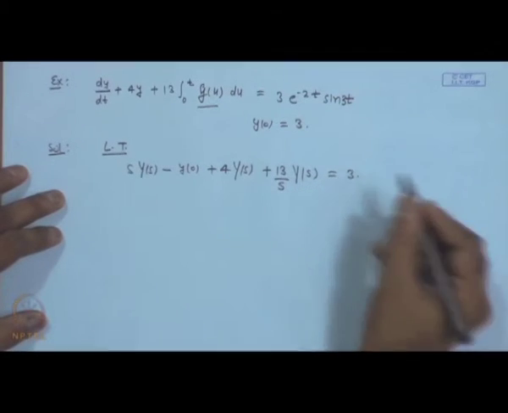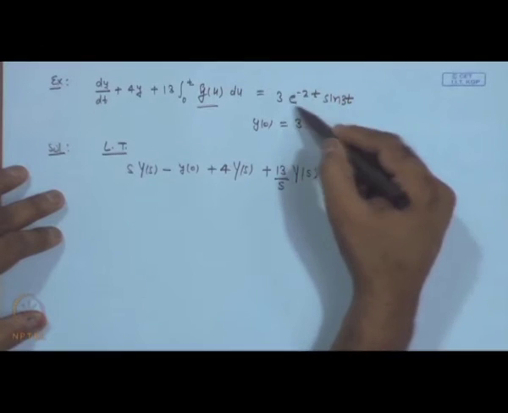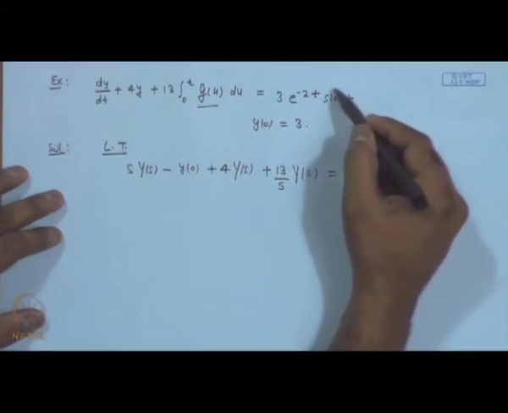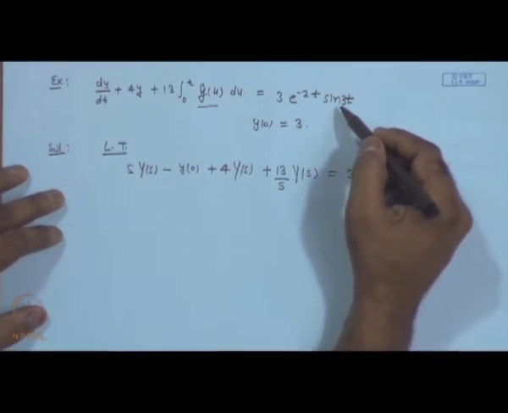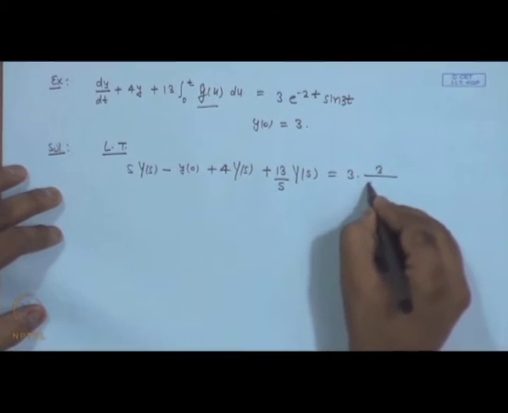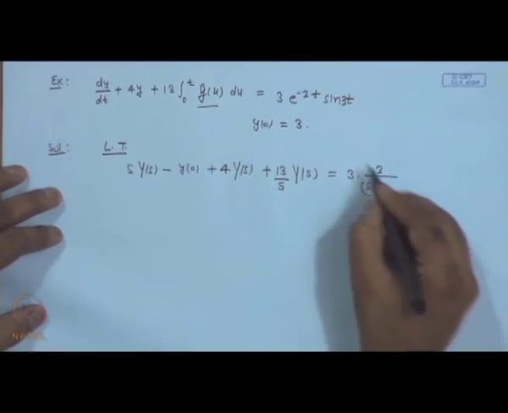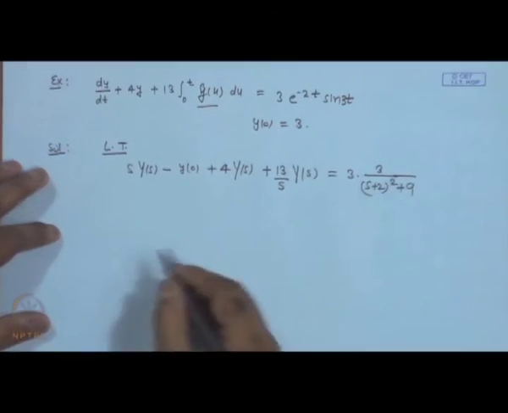Then we have 3, and we have the first shift property e^(-2t) sin 3t. For sin 3t, the Laplace transform is 3 over s square plus 9, but we have this shift here. So, we have 3 over (s plus 2) square plus 9, instead of s, because of this e^(-2t).